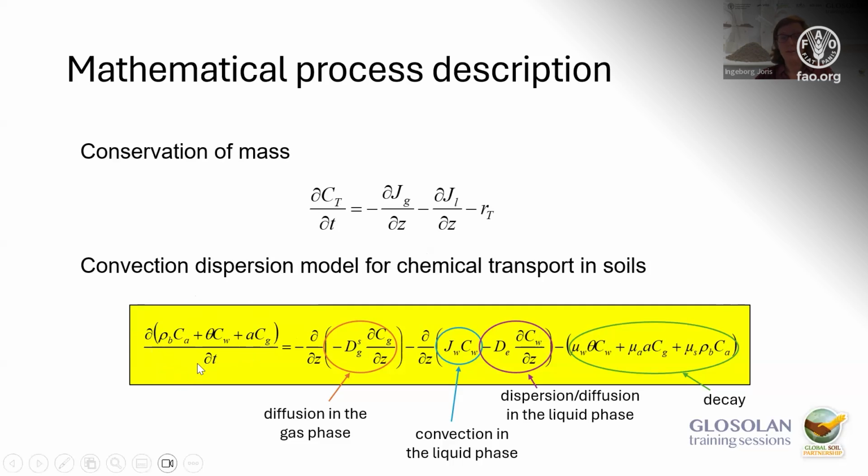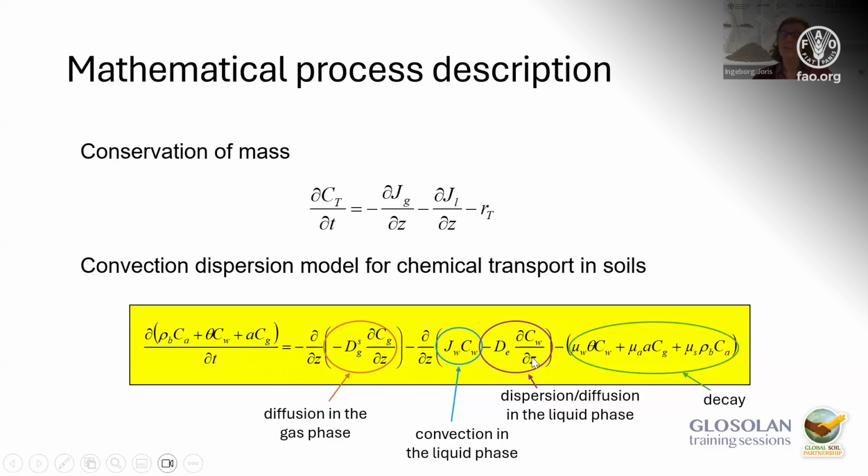You can see here the change in concentration. The concentration is made up of the concentration in the solid phase, liquid phase, and gas phase. This is determined by what comes in and goes out through diffusion in the gas phase and through convection in the liquid phase. Convection is just the infiltrating water, so moving with the water.